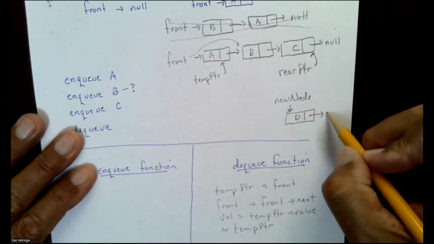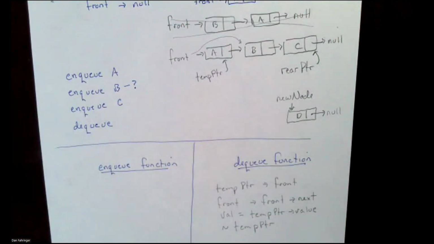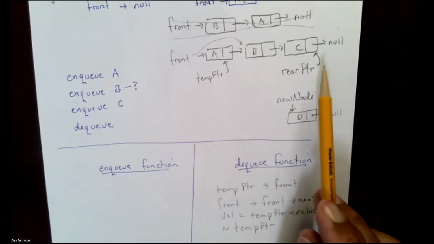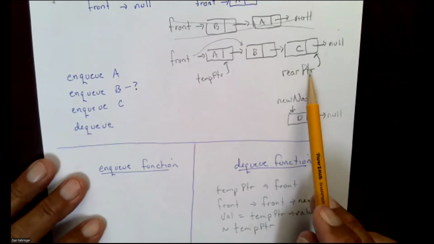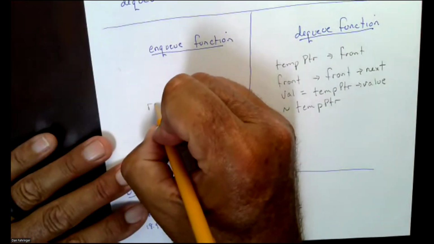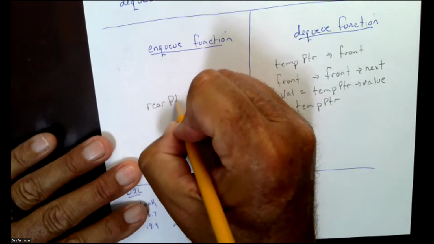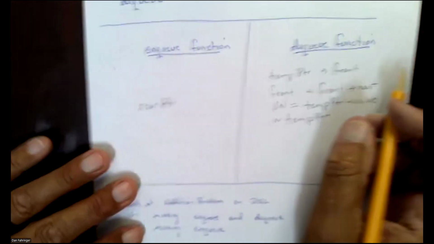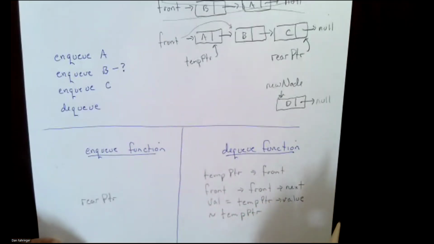Well, this is already set to null. Holy cow, that might be it. You have to move rear pointer to make sure it points to new node. Well, yeah, I think that's what I said. Rear pointer, oh, two steps. Okay, so she's saying rear pointer. You tell me this time what to write.